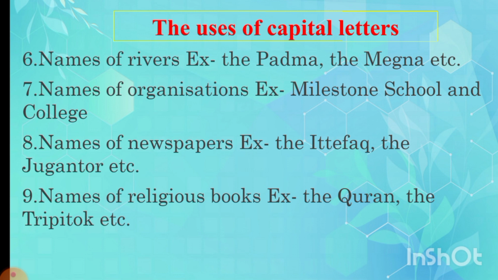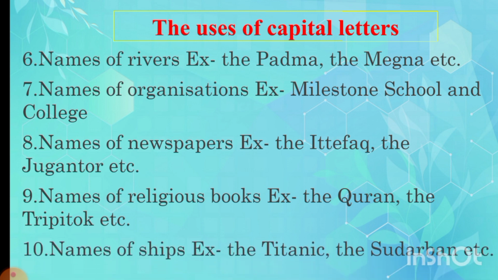Example, the Quran Q capital letter, the Tripitak T capital letter. Then number 10, names of ships. The Titanic T is a capital letter. The Sundarban is a capital letter. So actually these are the rules of capital letters. When we will use capital letters, these are the rules.